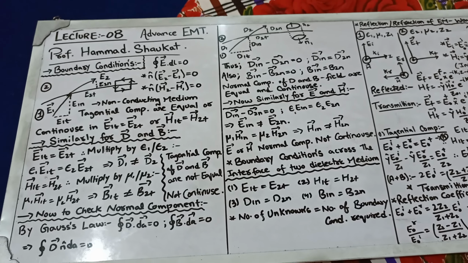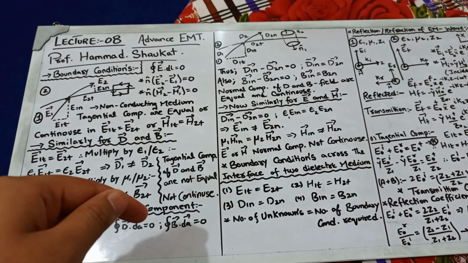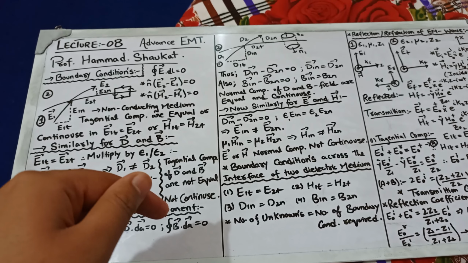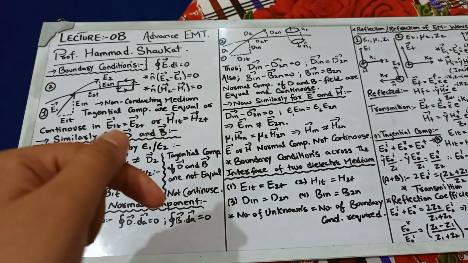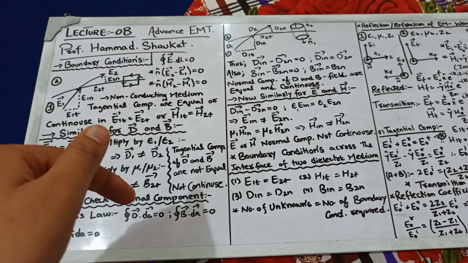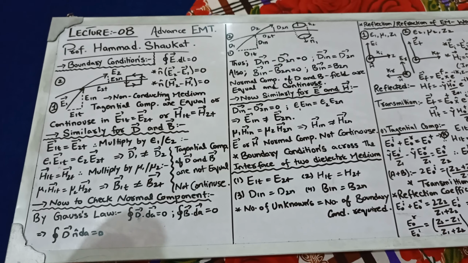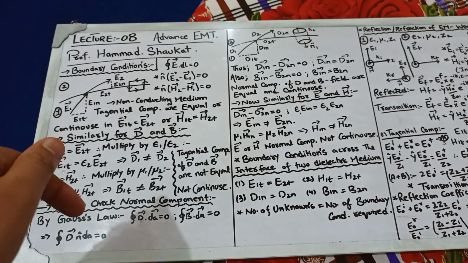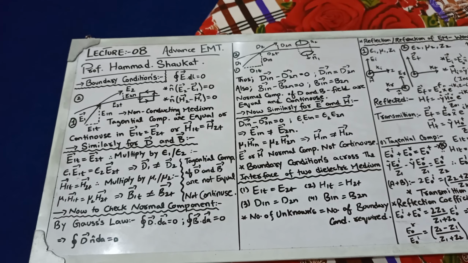We know that Gauss's law for the electric field is the closed surface integral of D dot dA equals 0, and Gauss's law for the magnetic field is B dot dA equals 0, over the whole surface. If you open this dA vector, you will get n cap dA, because when you open a vector you have the unit vector n cap with its magnitude dA.